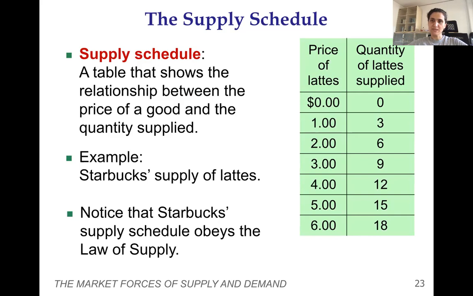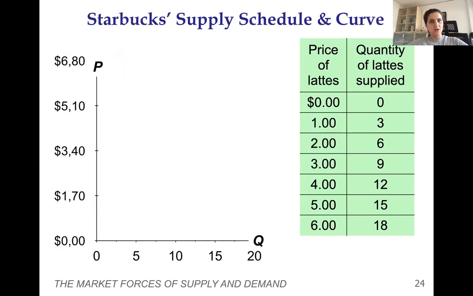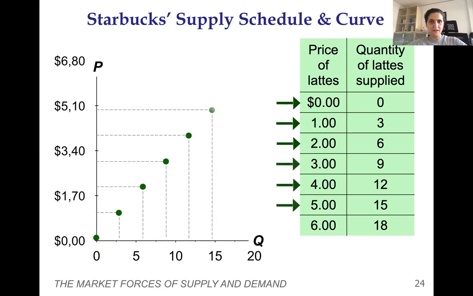If the price is 2, quantity supplied is 6, etc. So this is our supply line.